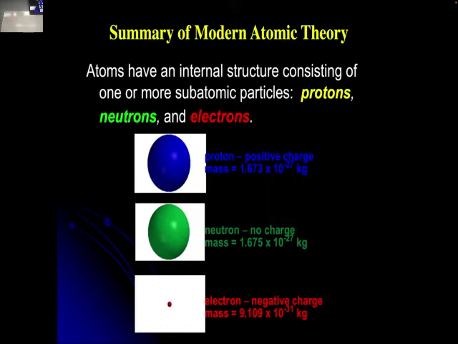Beta decay in nuclear chemistry is when a neutron spontaneously decomposes into a proton and an electron, and it emits the electron. But it's not even quite that mass if you add them up. There's something special going on with the neutron. The good news is we don't need to know what that is. It has to do with quarks. But it is kind of interesting that it doesn't quite add up. You have to know a little more physics to completely understand what's going on in the nucleus. And again, chemists don't really care about the nucleus.